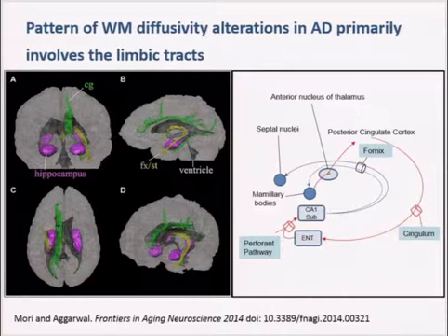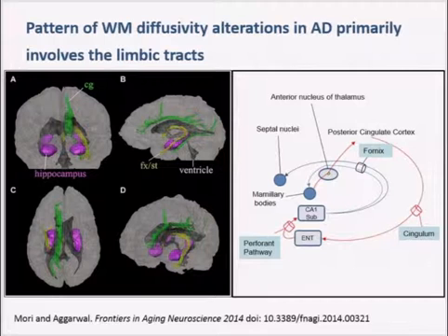The mammillary bodies projecting back to the cingulate cortex through the anterior nucleus of thalamus, and then the loop is closed with posterior cingulate cortex connecting back to the entorhinal cortex through the cingulum tract. So with the atlas-based measurements, we are able to measure the perforant pathway diffusion imaging connectivity. We can measure the cingulum connectivity and also the fornix.